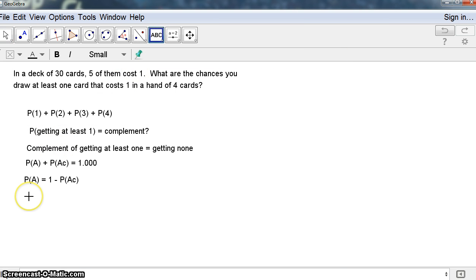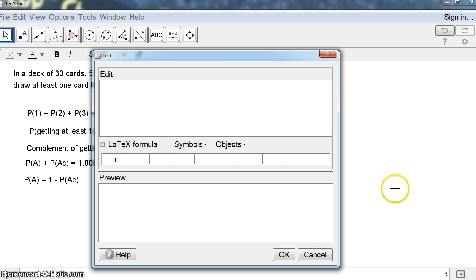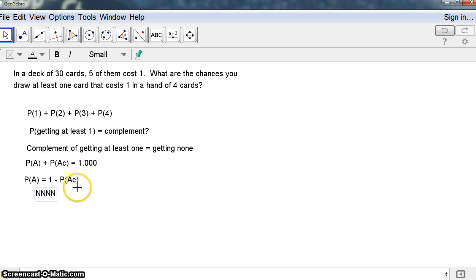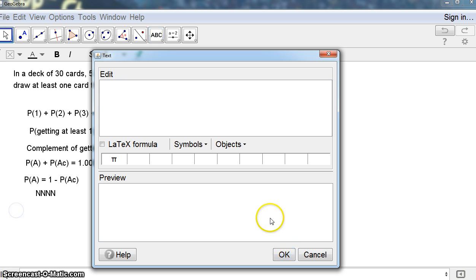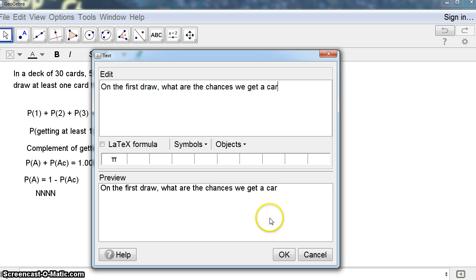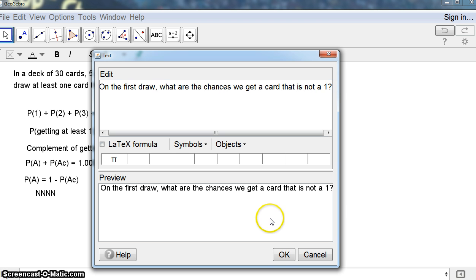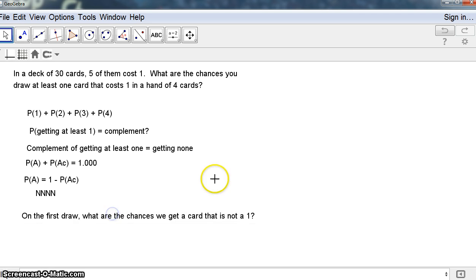How can we not get a 1? Only if we fail all 4 draws, so we get 4 cards that cost a different amount each draw. On the first draw, what are the chances we get a card that is not a 1?